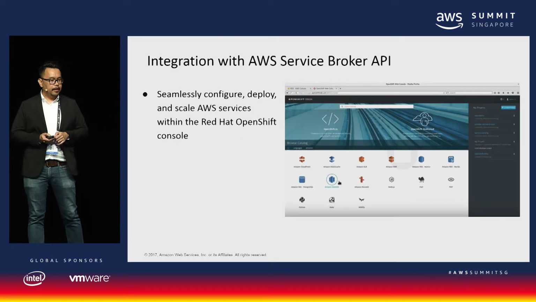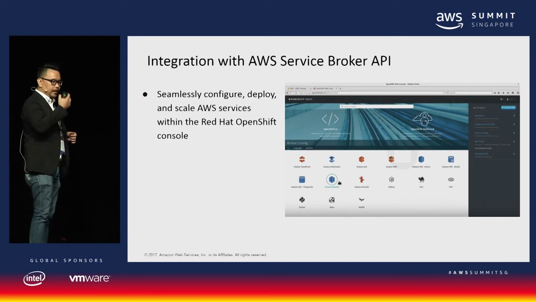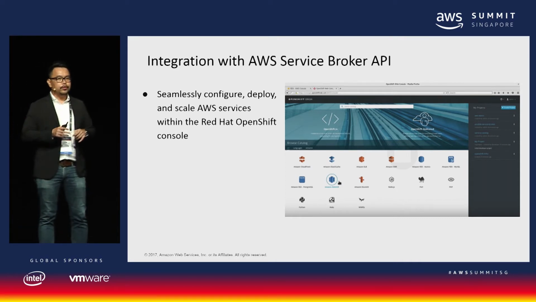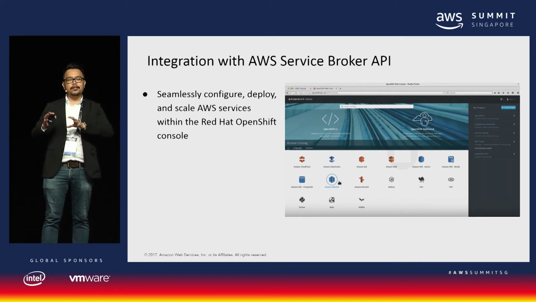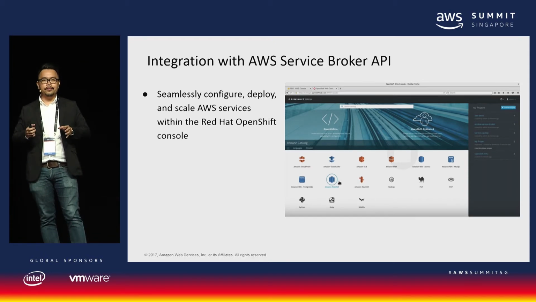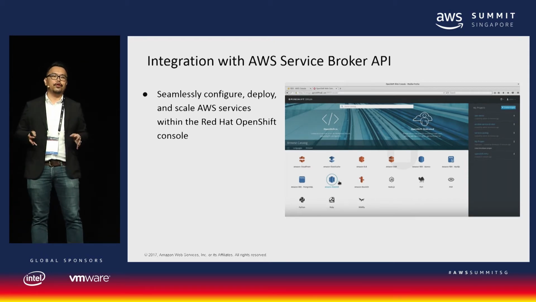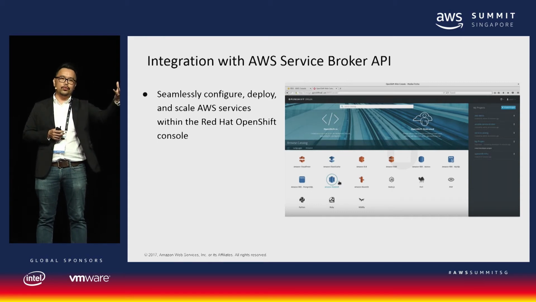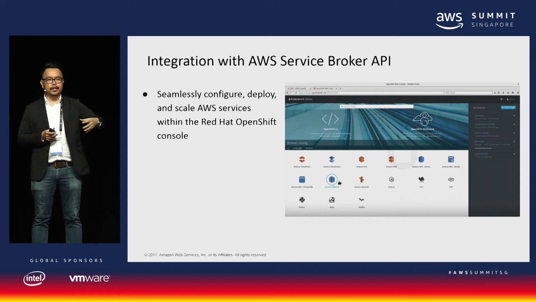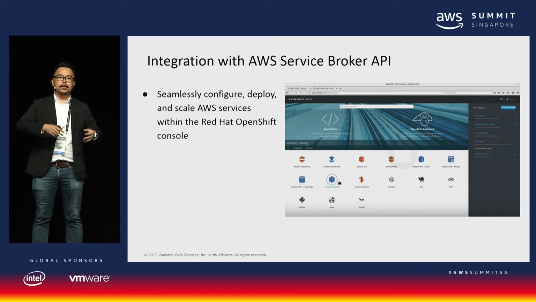The other aspect I want to talk about is the AWS Service Broker API. This is based on the industry standard Open Service Broker. From a user's perspective, through the OpenShift console, he can have access to AWS, provision instances, and provision a database, for example, spin it up and scale it.